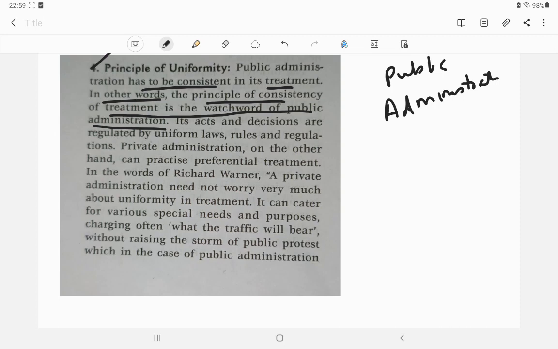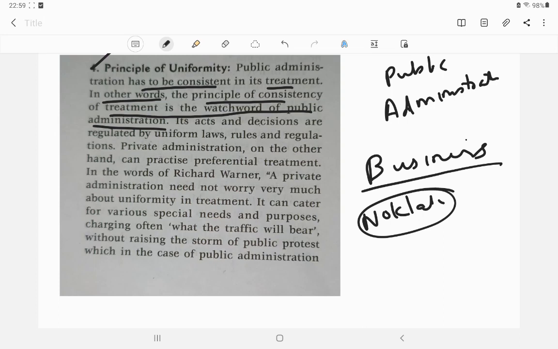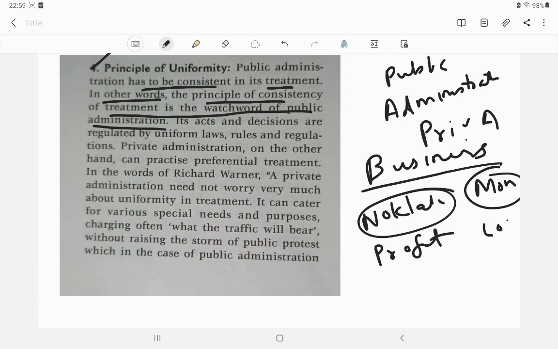In private administration, a business puts money where it pays. If his business is good in Noklak, then he will put more money there because his main motive is to earn profit. Suppose he is not earning profit in another place, he is getting a loss there, so he will not put money there.